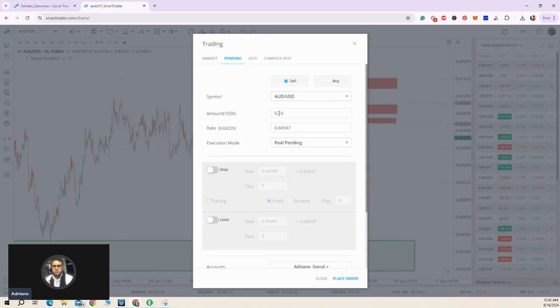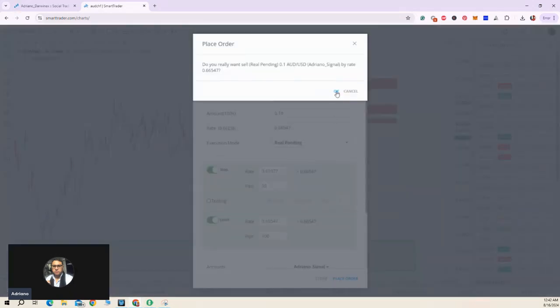Pending sell. 53 pips stop loss, and let's go for two to one. We're gonna risk one to make two, so it's gonna be 100. Let's put 100 pips take profit. We're not gonna use trailing stop. Let's place the trade.